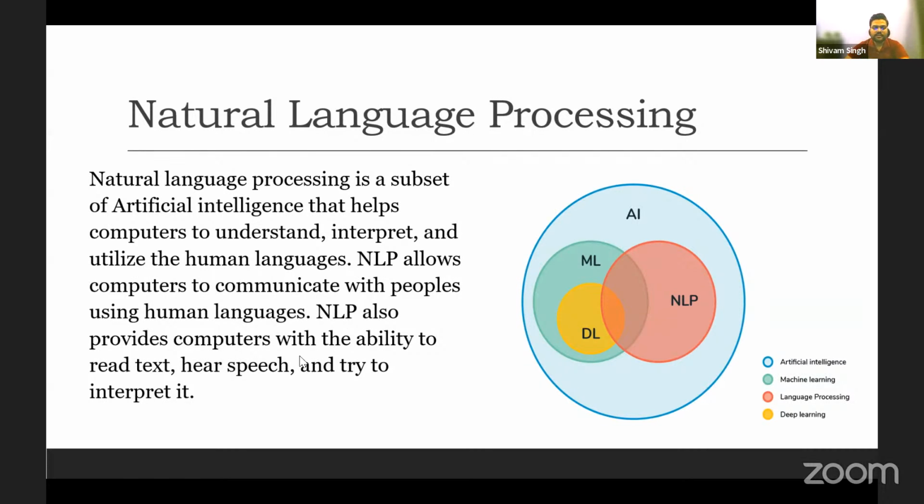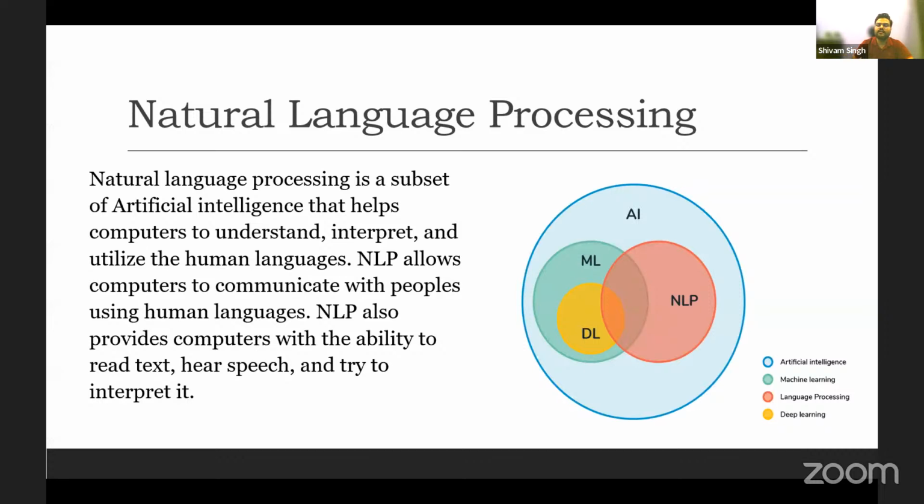So guys, there are so many applications around you and around me where we are using this particular technique. We use it in our daily life, like Google Assistant, which is an application based on natural language processing itself.